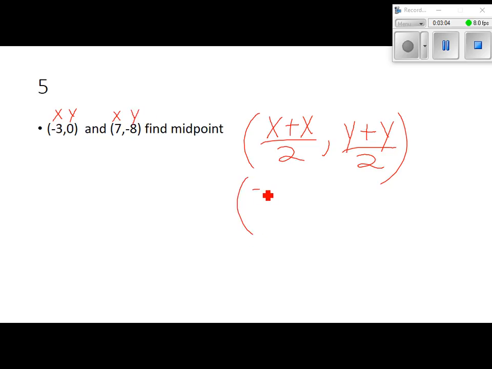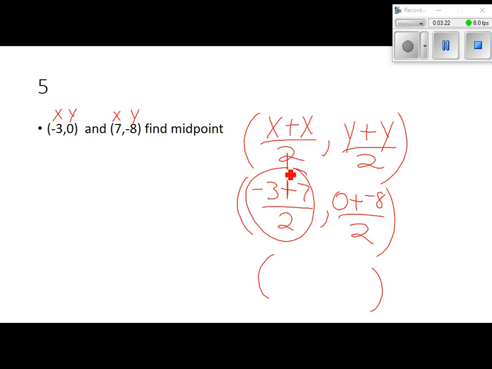So here I'm going to put in -3 plus 7, that's our 2 x's, divided by 2. And our y's are 0 and -8, so 0 plus -8 divided by 2. When you get your answer, you do the math here, write that answer down here, do the math here, write that answer down here, and that ordered pair is your answer.